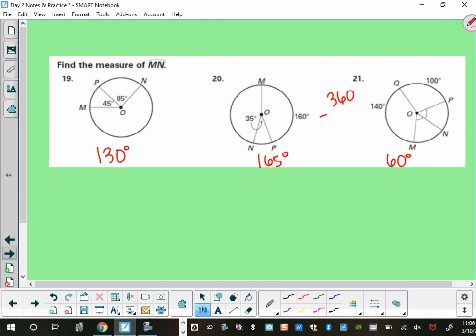So I did 360 minus 140 minus 110, which are these two arcs, and I was left with 120. They gave me these little arcs right here, so that told me that they're both congruent. So I did 120 divided by 2, and that gave me 60. So each of these pieces were 60 degrees.